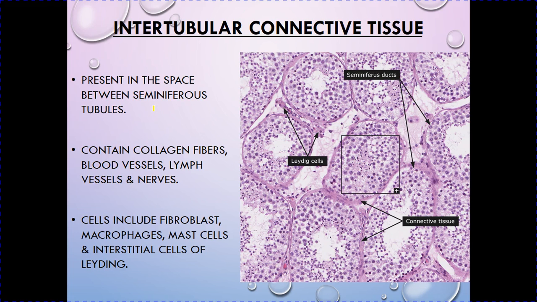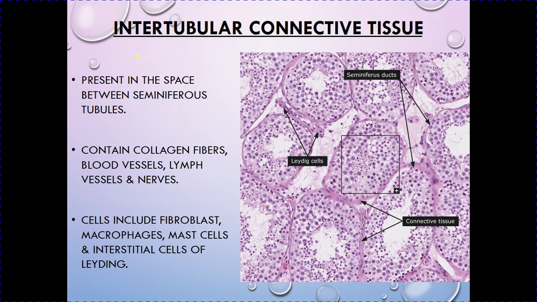We said, I am repeating, when you take a cut section of the testes, you find the outermost layer is the capsule. The capsule is sending septa inside, dividing the parenchyma into lobules. Every lobule is filled with seminiferous tubules and is supported by intertubular connective tissue.